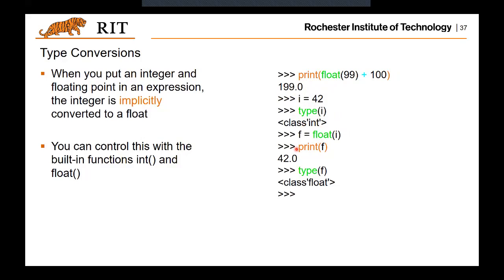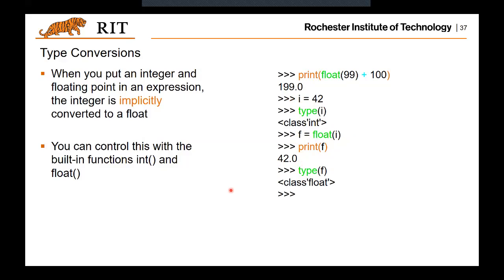And if you use float with parentheses, and put the original integer number 42 inside, basically this line of code converts an integer number I to a float number and assigns the converted result to a variable f. And if you print f out, it is 42, which is a float number.